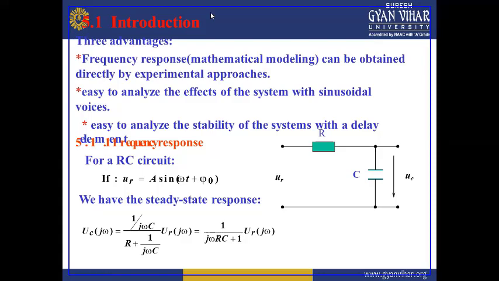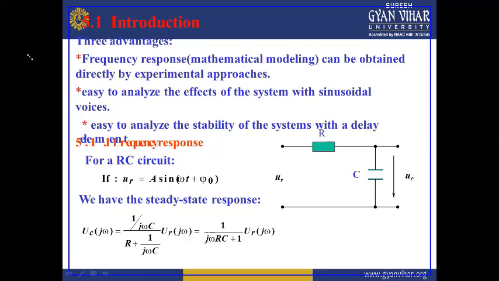Now let's take an example. For example, we have this RC circuit. In this RC circuit, Ur is your sinusoidal input and Uc is your output.